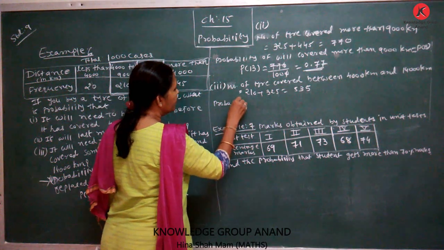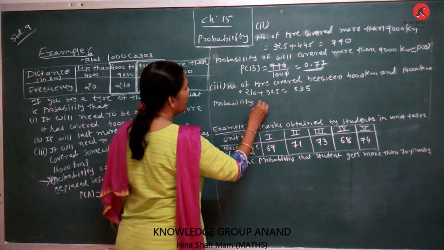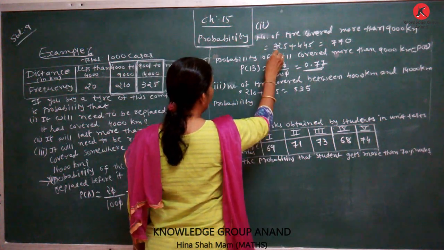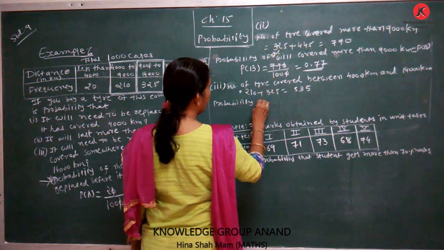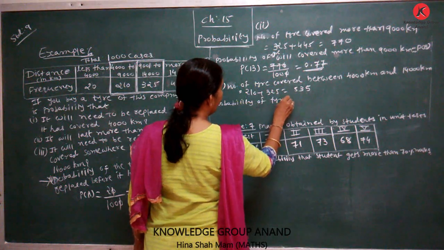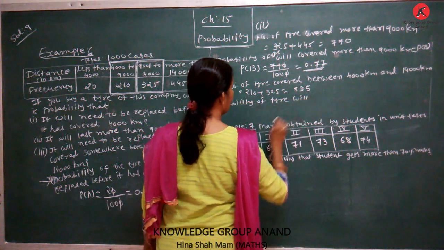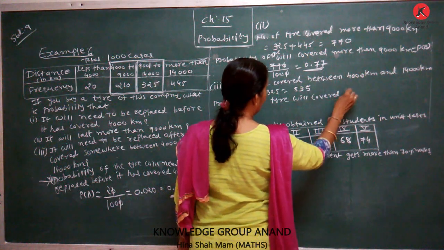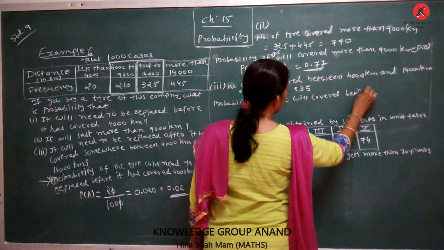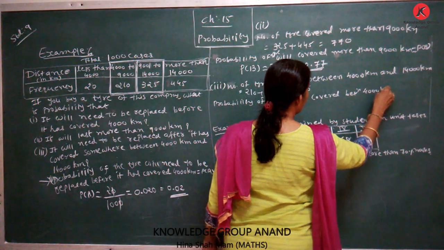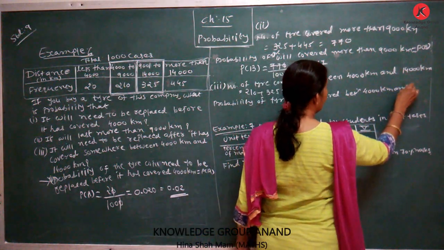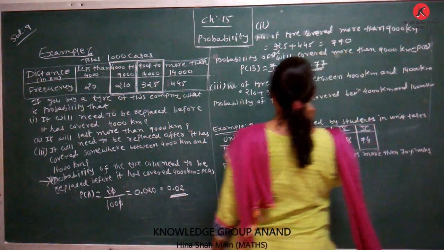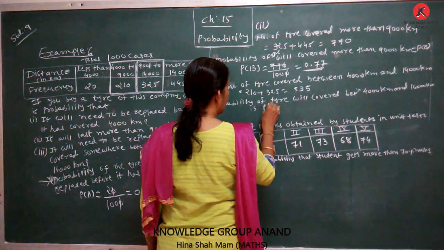The probability that the tire will cover between 4,000 kilometer and 14,000 kilometer is P(C).